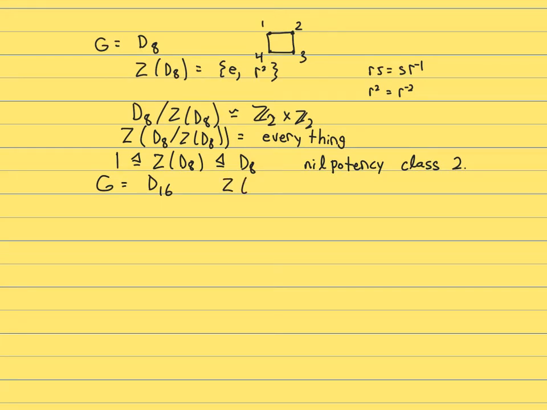Its center is E and R to the 4th by the same reasoning. Now, that corresponding quotient, if you think about it, it turns out R now has order 4, and it turns out the other relations are the same as they were before.